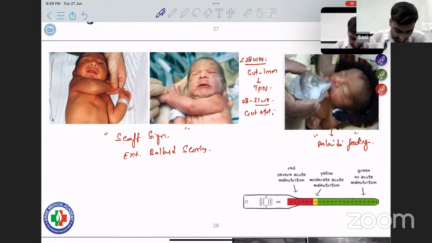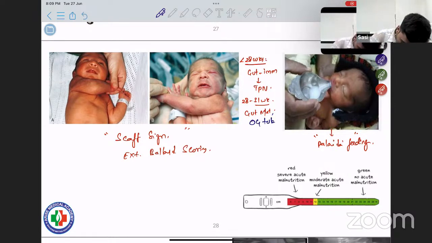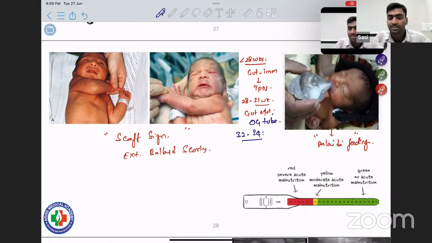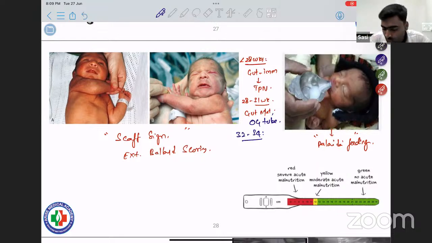We are back. Fine. The first thing: in a case between 28 to 31 weeks, the gut will be mature, whereas the baby cannot accommodate both the respiratory and swallowing reflex at the same time. So we'll use this OG tube. Whereas between 32 weeks and 34 weeks, both of these things will develop, meaning the baby will be able to swallow, but still we won't use breast milk because the rooting reflex won't be developed there.